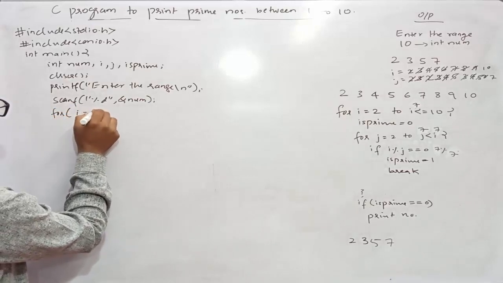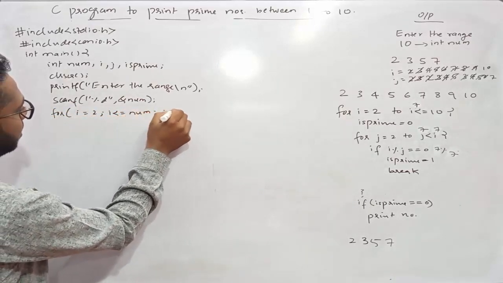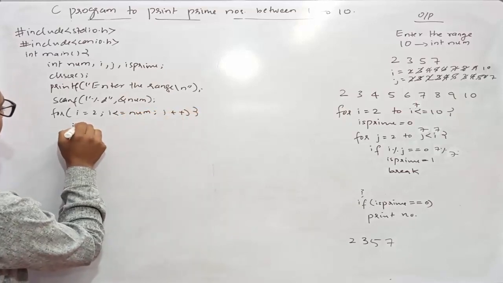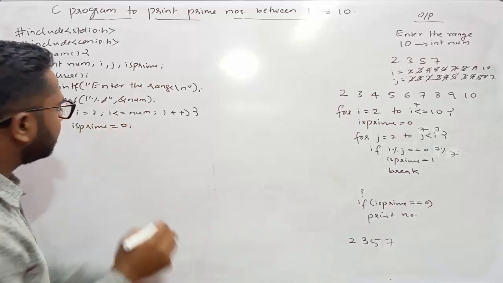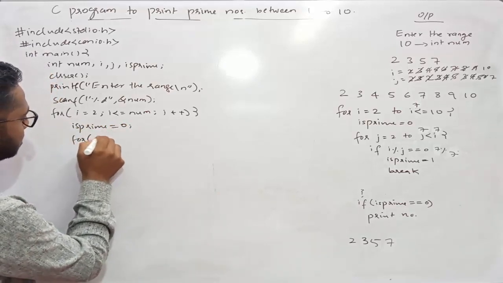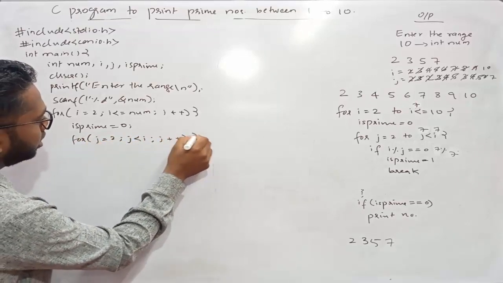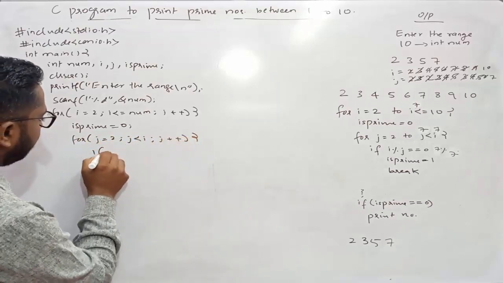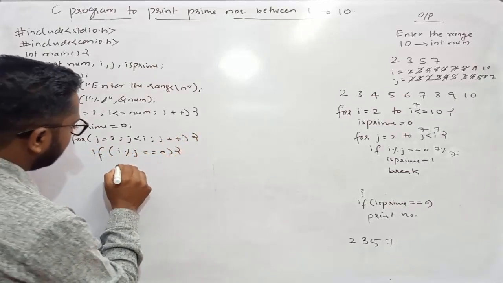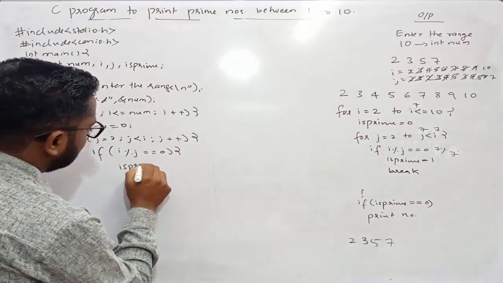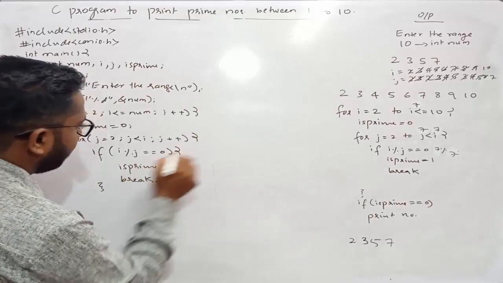Then I should start writing this logic. For i equals 2, i is less than or equal to num, i plus plus, is prime equals 0. Next, the inner for loop. For j equals 2, j is less than i, j plus plus, then if i mod j is equal to 0, then is prime equals 1, and then break.